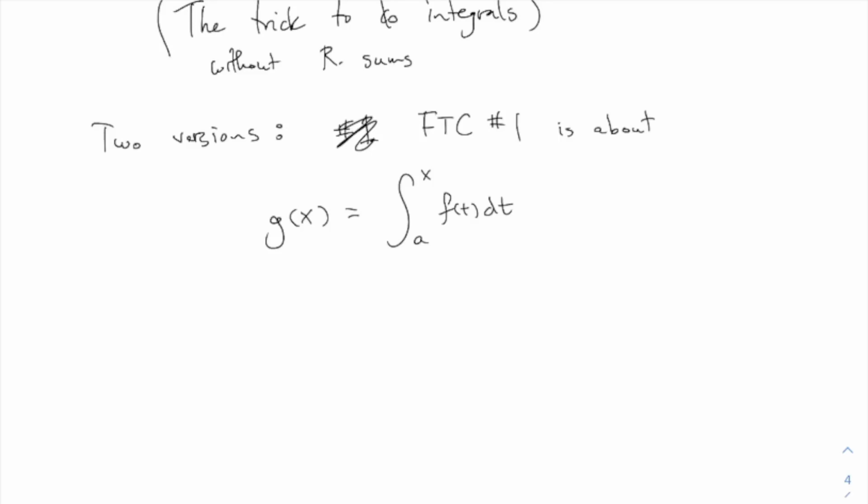Usually the integral we write from a to b, or from one specific number to another, but this has the variable inside the integral sign boundaries. What this means is this is the area under this function, f of t, up to x.